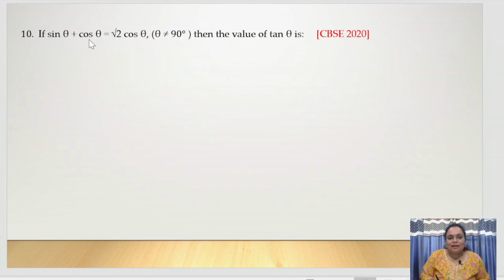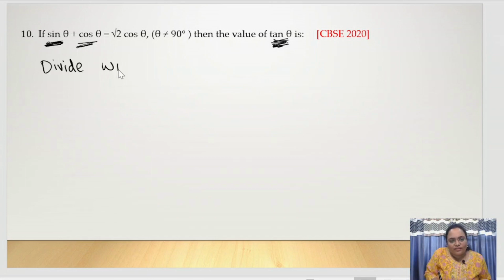Let us solve the next question. If sine theta plus cos theta is equal to root 2 cos theta, find the value of tan theta. They have given us in terms of sine and cos. So if you want tan theta, if we just divide sine by cos, we will get tan theta.